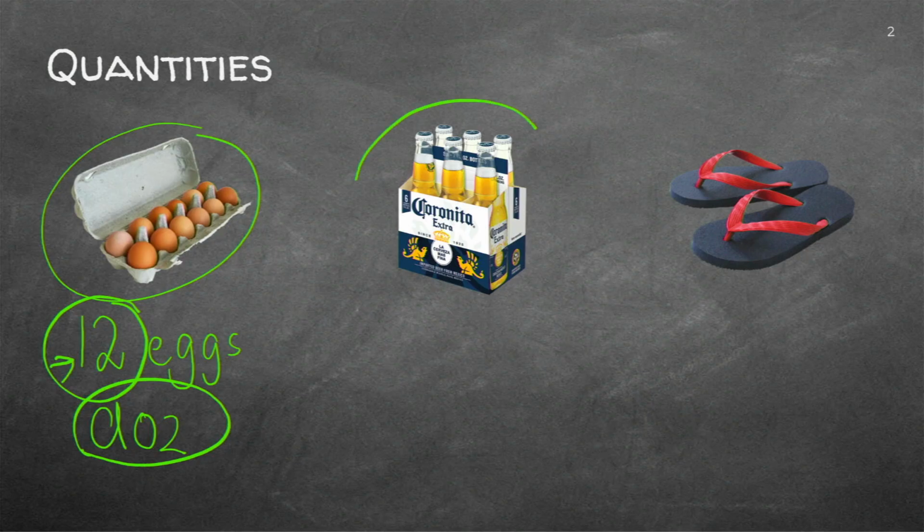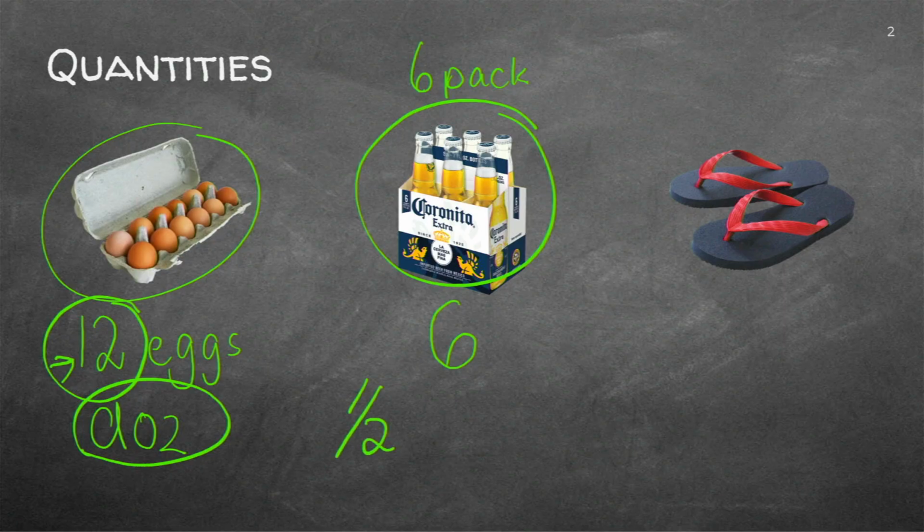I've got six there. It's a six pack. That also gives you an idea that the number in a six pack will be six. That's much easier. But what I want to get to is that that's half a dozen. So remember, you shouldn't be drinking Corona. You aren't at the age of drinking yet, but please have something else, a half a dozen.